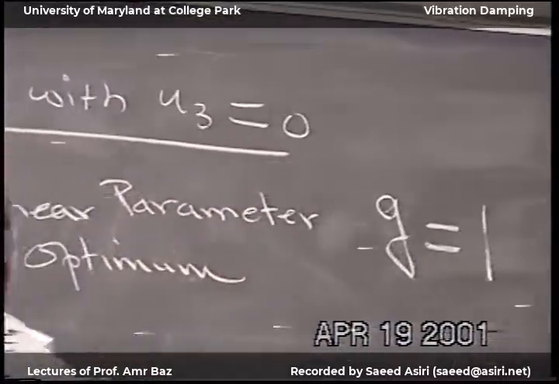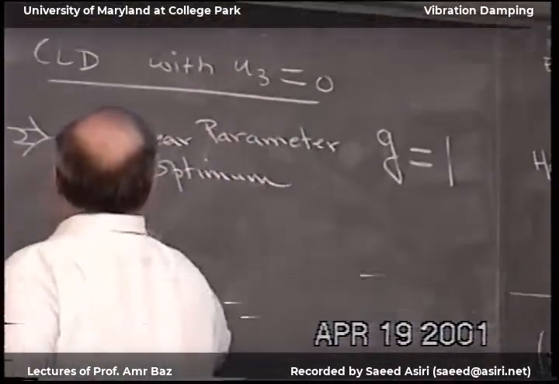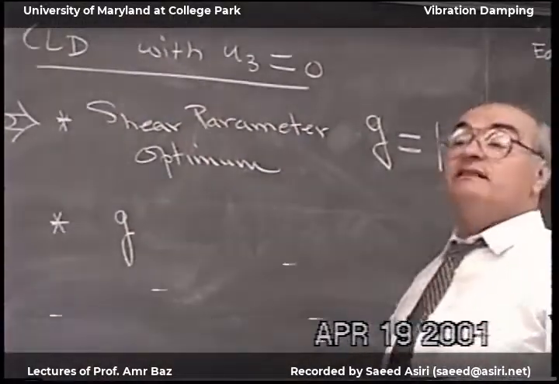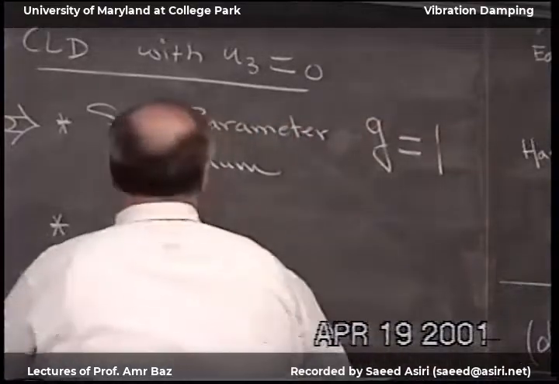And then we showed that G is a measure or a ratio between bending and shear wavelength.